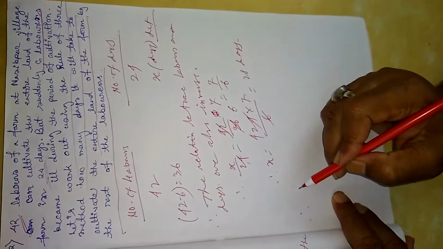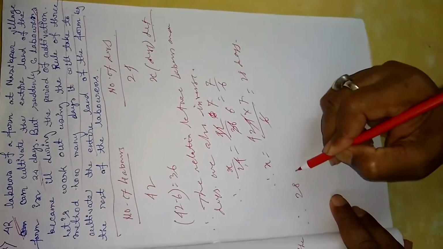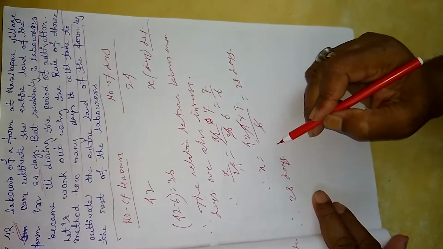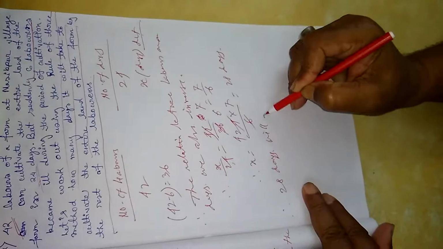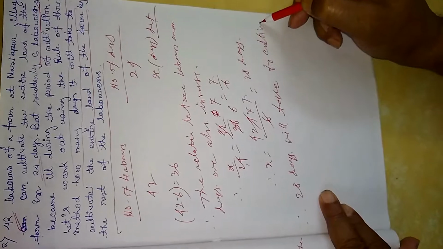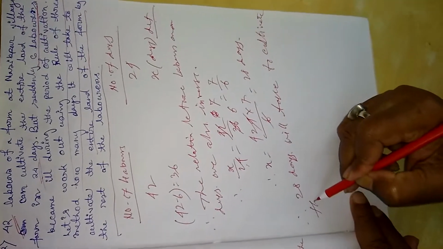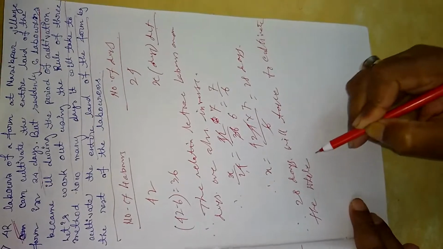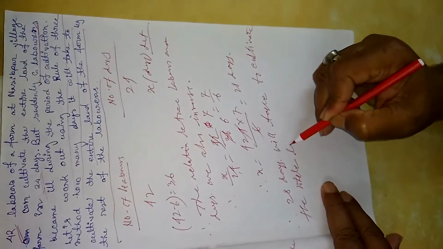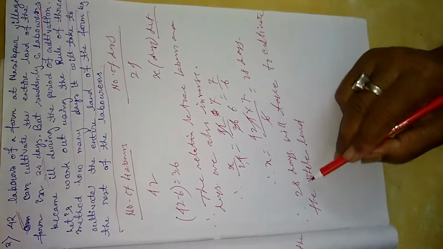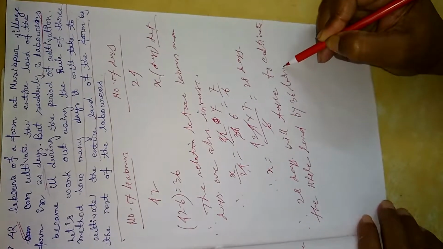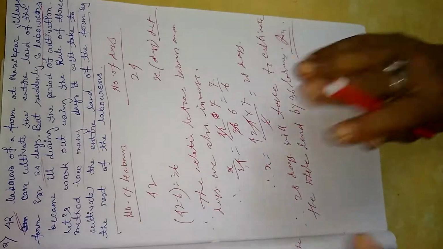Therefore 28 days will be taken to cultivate the whole land by 36 laborers. Answer. The second sum is over.